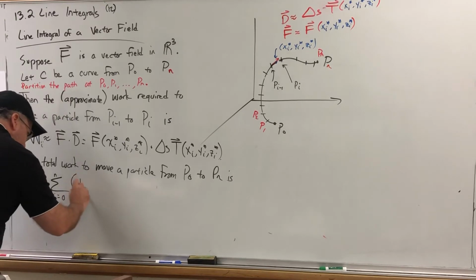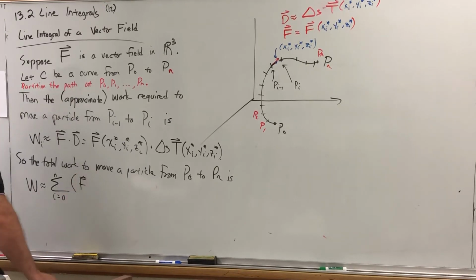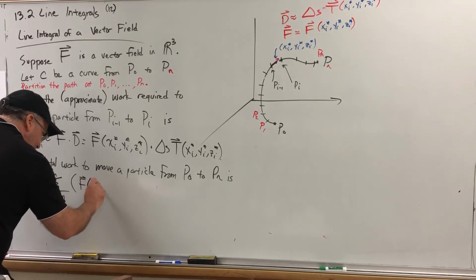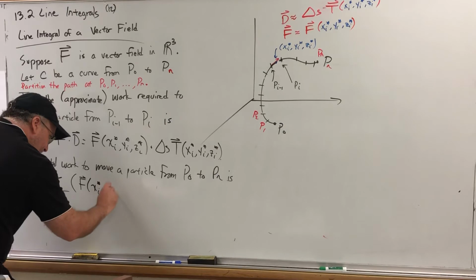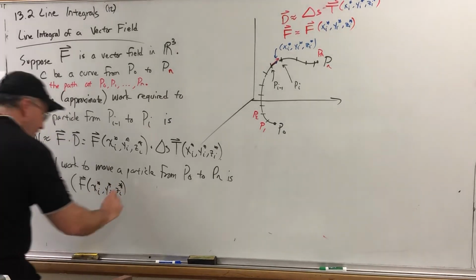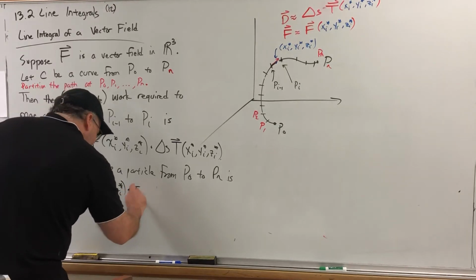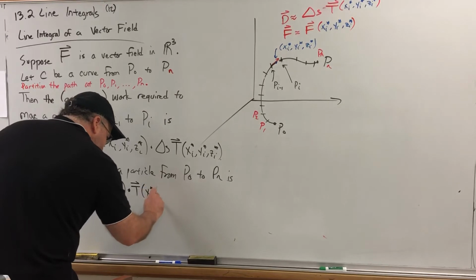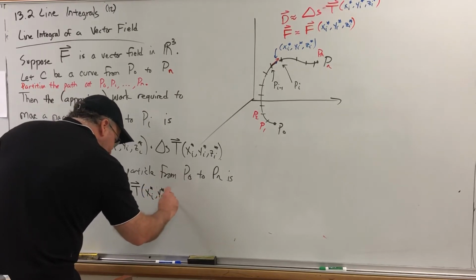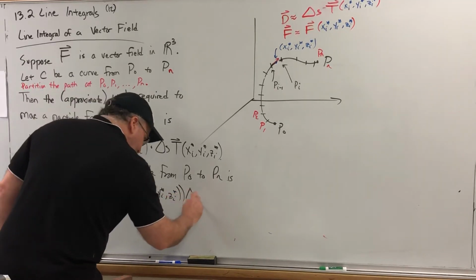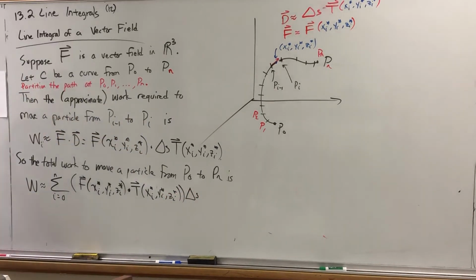So we have the force, the vector field evaluated at xi star, yi star, zi star, some random point picked on the ith arc, dot the unit tangent vector evaluated at that same point. And now I'll close off that expression and throw the scalar at the end, the delta s, because this is just screaming Riemann sum now.